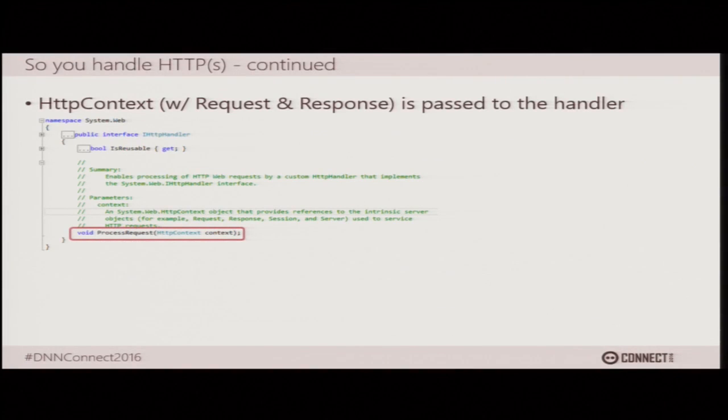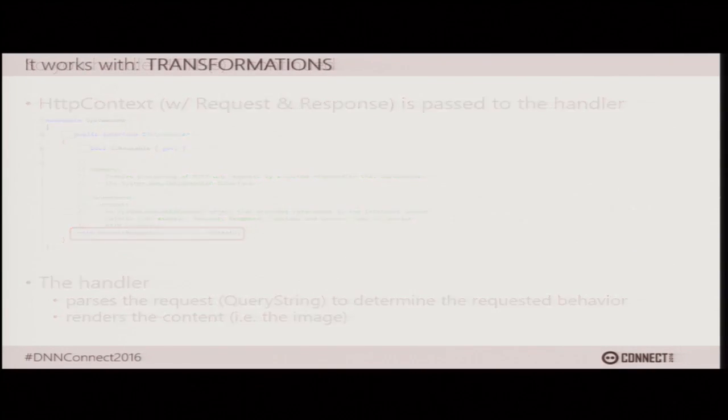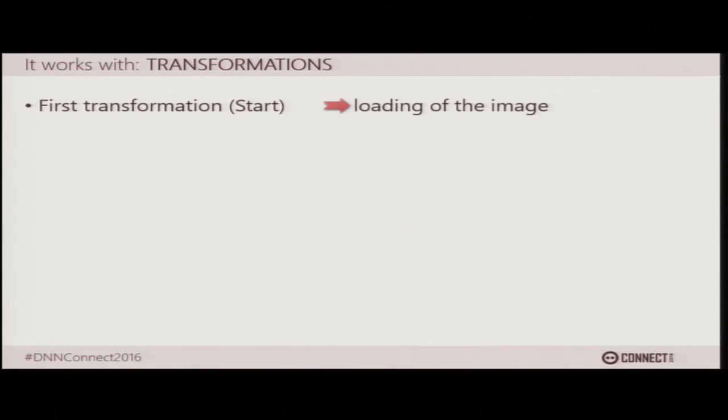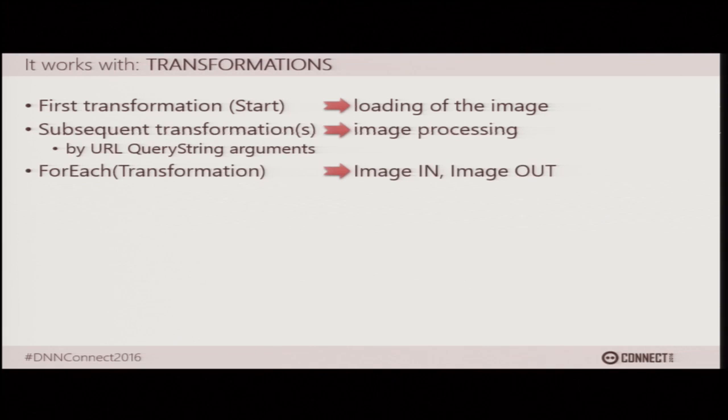And basically all it does, it processes a request that's coming in from the browser. It has usually some query strings, and it renders the content. And the image handler does that by transformations. There's a first transformation, which is basically the loading of the image, and then you can have, in theory, any number of subsequent transformations. It's determined by the query string arguments, and it works a little bit like a for each.